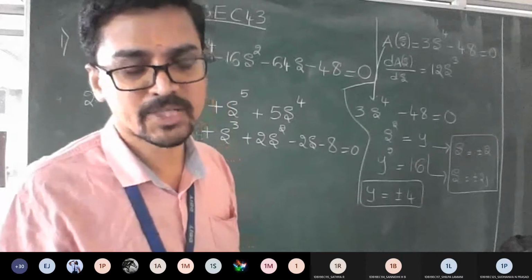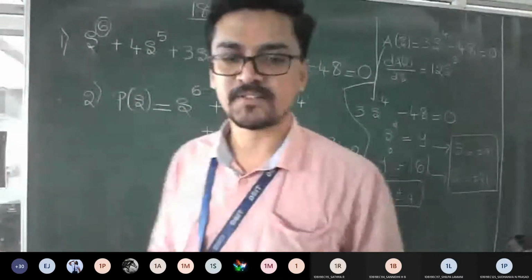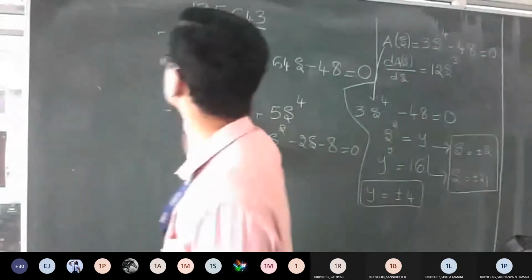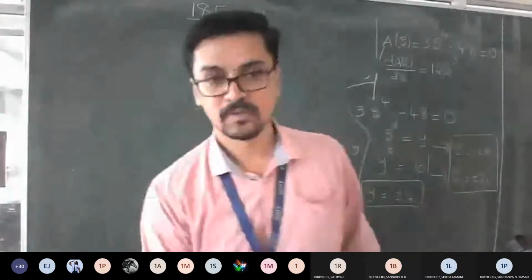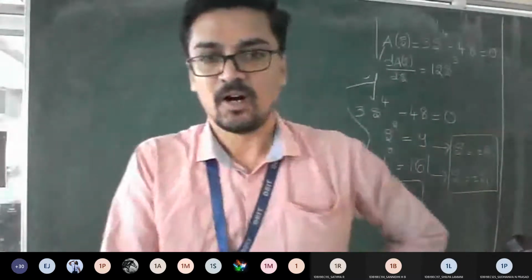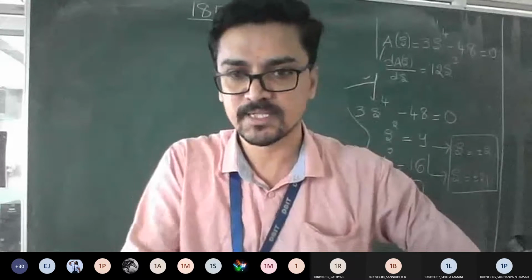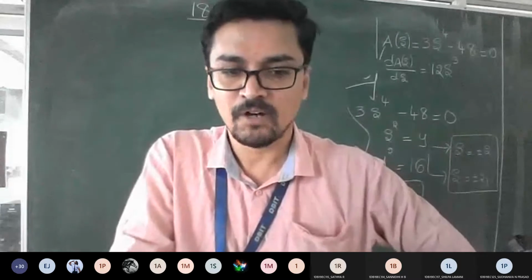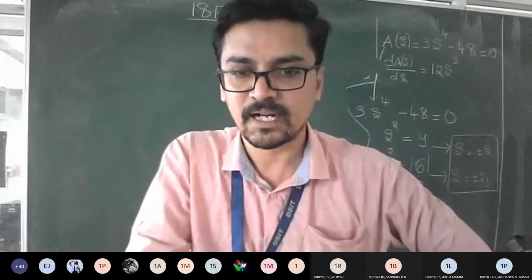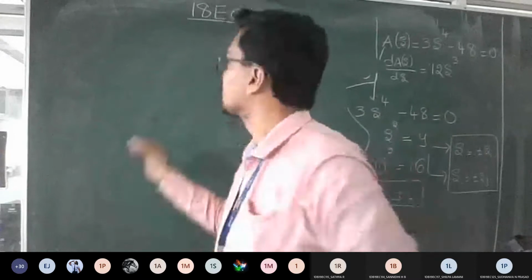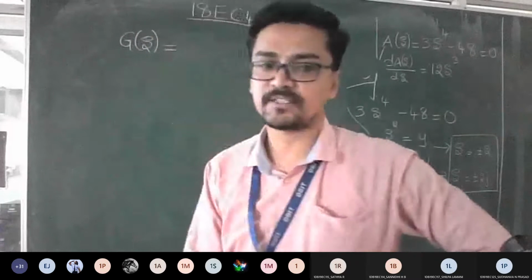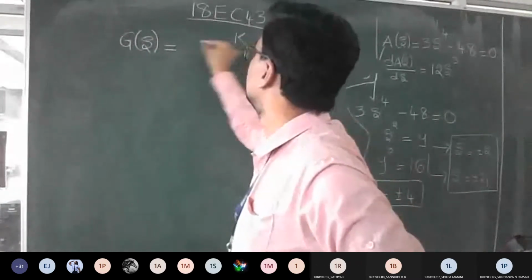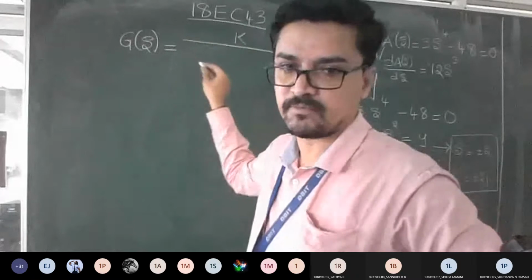Yes, sir. Yeah, write down the question. The open loop transfer function of a unity feedback control system is given by G of S equals K divided by, see yesterday what you solved, it's same, finding range.